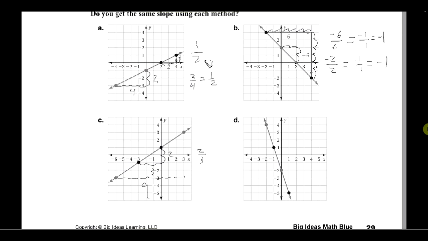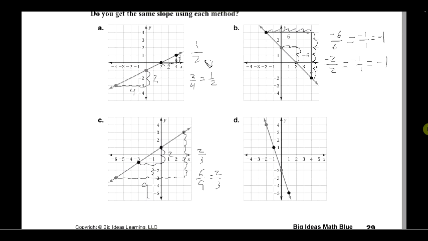Woo! Could you guess what the top's going to be? 1, 2, 3, 4, 5, 6. Hey! Or we have 6 over 9, which is actually the same as 2 over 3. So you can divide 6 by 3 is 2, divide 9 by 3, 3. It's the same.